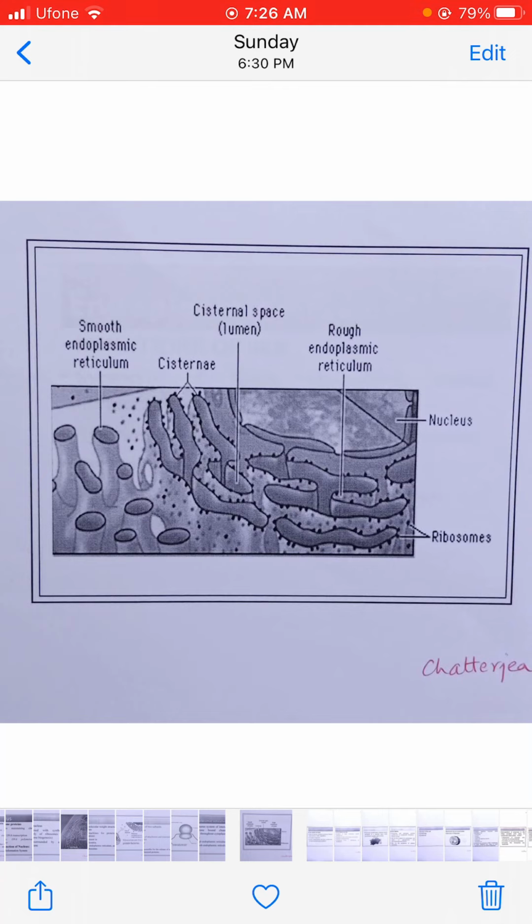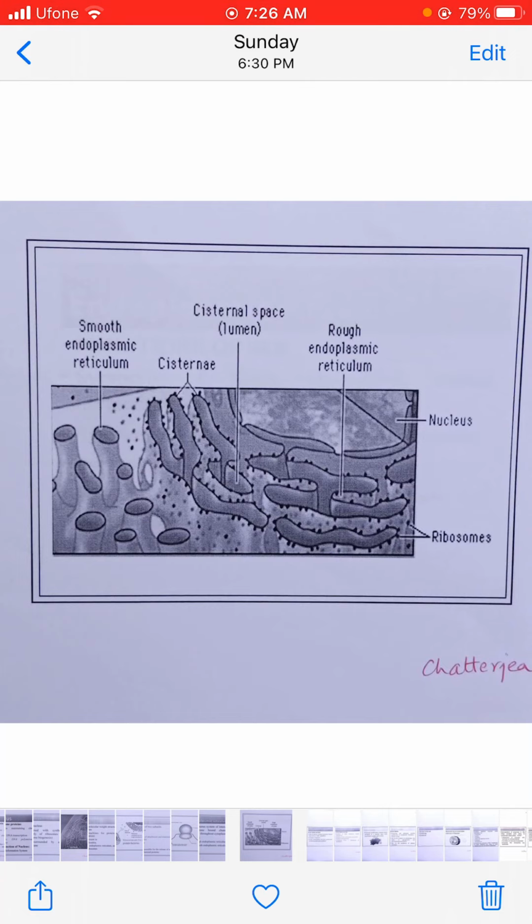The endoplasmic reticulum is spread like channels, which contain different components like the cisternae, the lumen, also known as the cisternal space, and the different classes, which are rough endoplasmic reticulum and smooth endoplasmic reticulum.